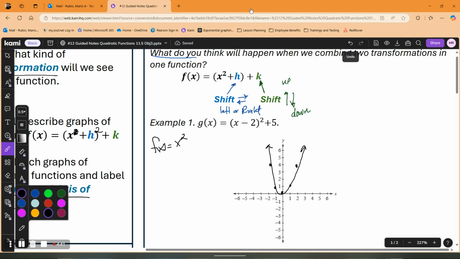So what's going to happen is you're going to have two transformations. Remember, if h is negative, you shift to the right. So you're going to shift 2 units right.